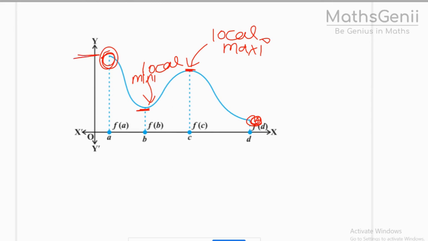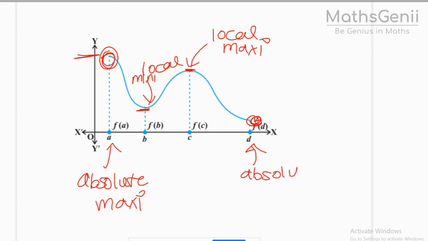If you calculate the value, f of A has the highest value and f of D has the lowest value. So f of A is absolute maxima and f of D is absolute minima.